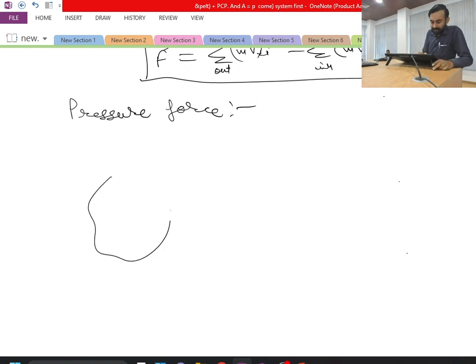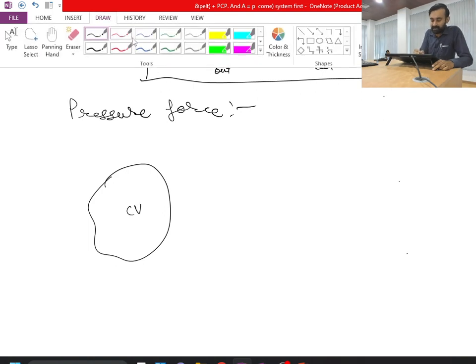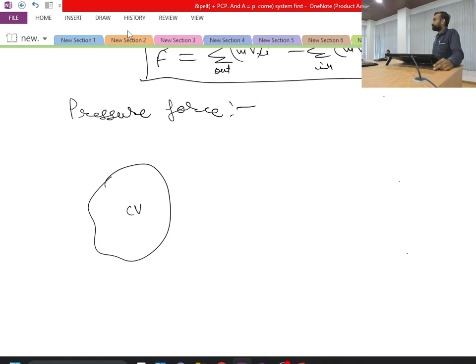So if I consider that I have a control volume and this is my control surface, can you tell me how pressure will be acting over this control surface? Say only this control surface is subjected to atmospheric pressure. We know that pressure force always acts normal to the surface, so I will draw these arrows normal to the surface.